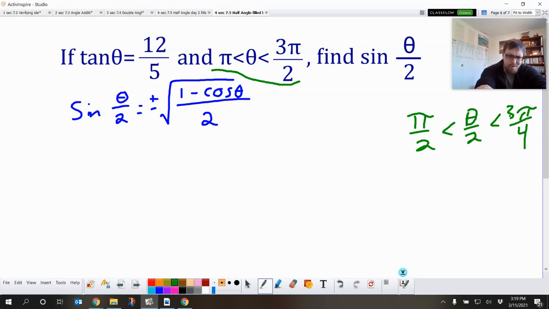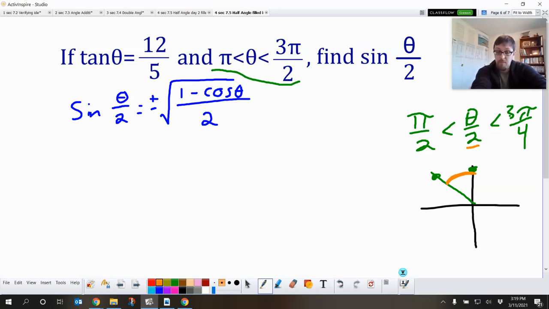Okay, shoot, where are those things? Let's see, pi over 2, that's right here. 3 pi over 4, that's over here. So theta over 2 is somewhere in that region, in quadrant 2.